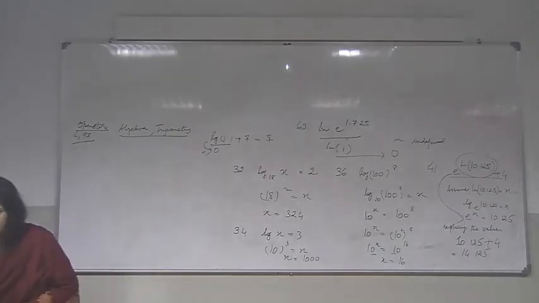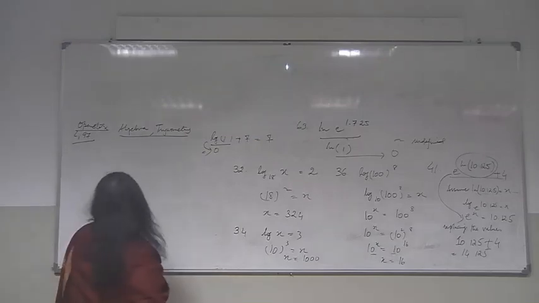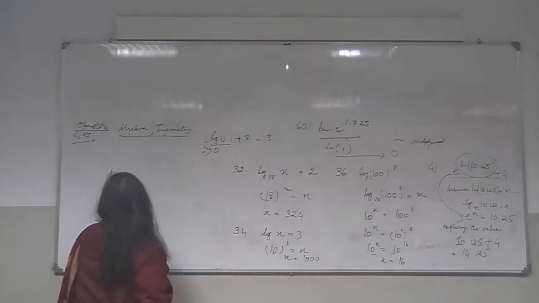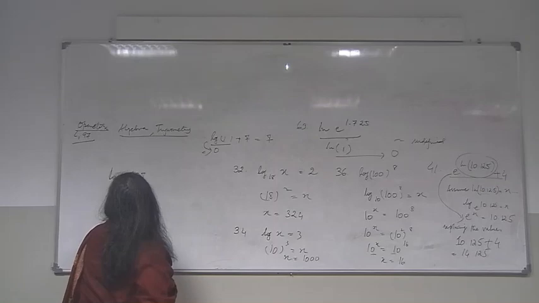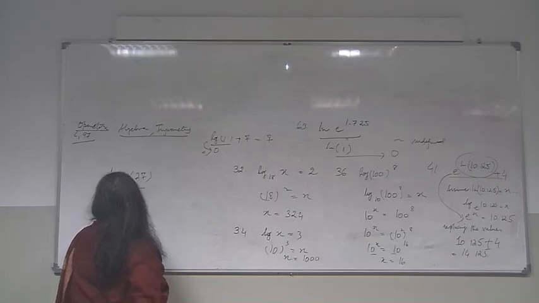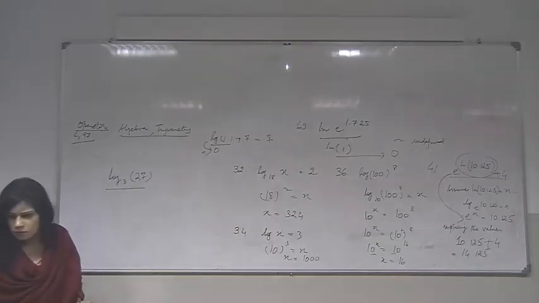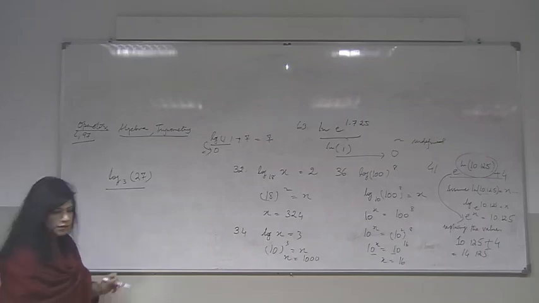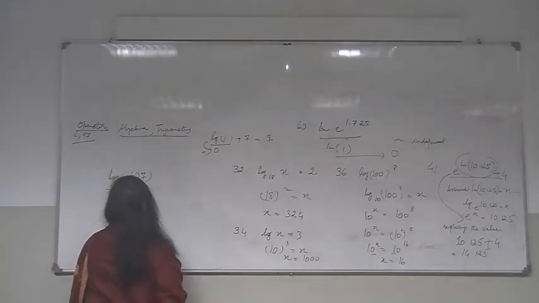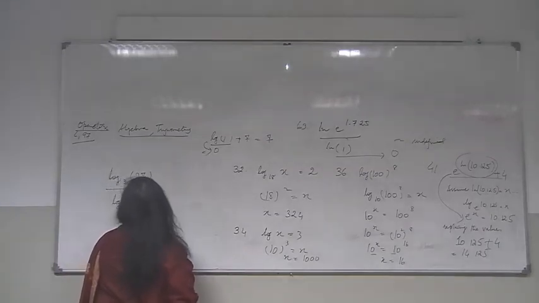It says that log base 3 of 27 over log base 4 of 1 by 64 is equal to minus 1. And you have to verify this.